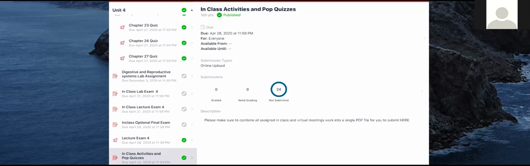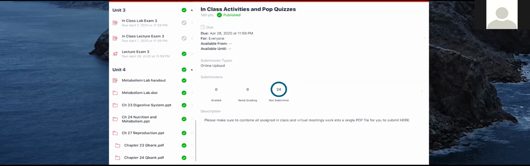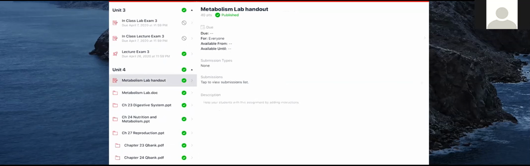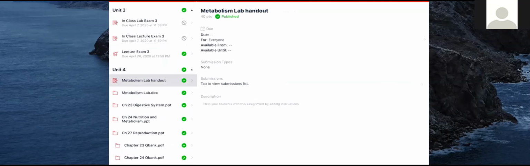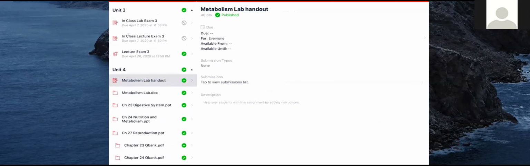For the metabolism, you're going to be uploading this where it says metabolism lab handout assignment. So you have two files that you're going to be uploading.